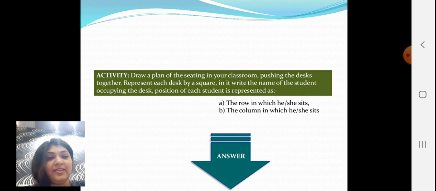Draw a plan of seating in your classroom, pushing the desks together. Represent each desk by a square. In it, write the name of the student occupying the desk and the position of each student represented as the row in which he or she sits, the column in which he or she sits. That will be your answer.